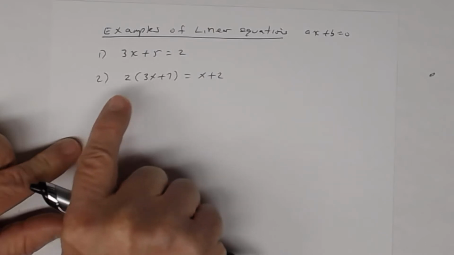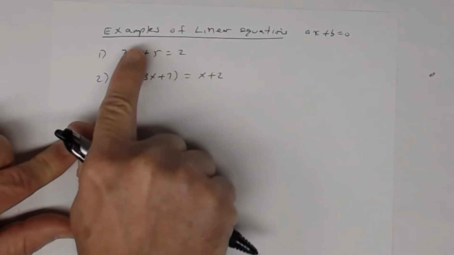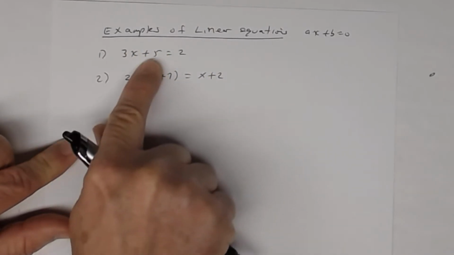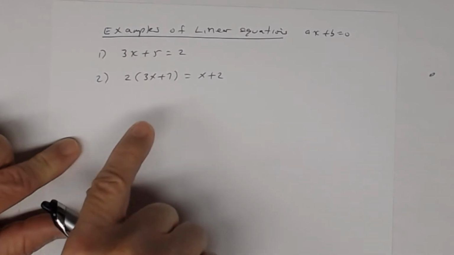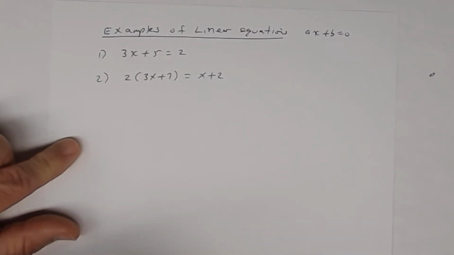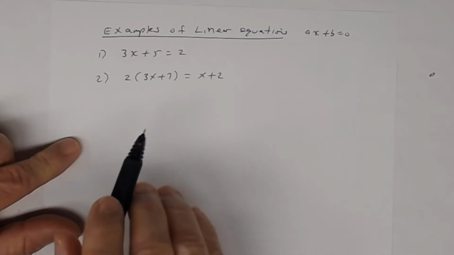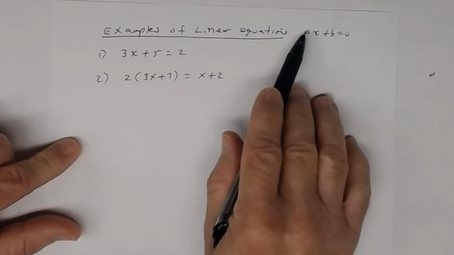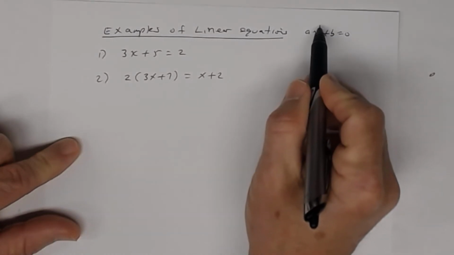But what I want to make a note of is that these linear equations, they also have a particular property that you need to be aware of. So what makes this a linear equation is that exponent right here.